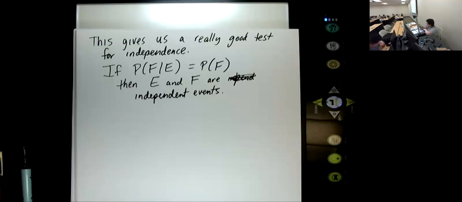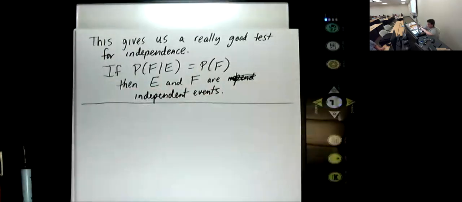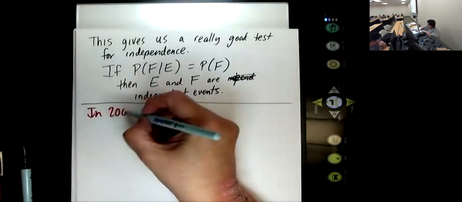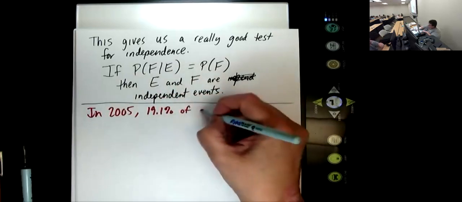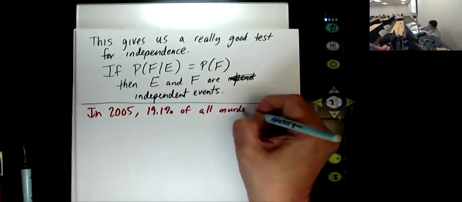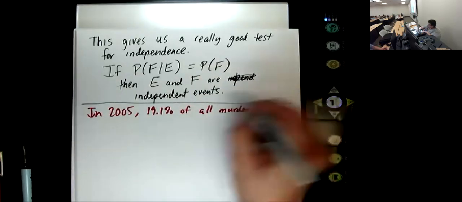So, let's look at some examples. In 2005, 19.1% of all murder victims were 20 to 24.